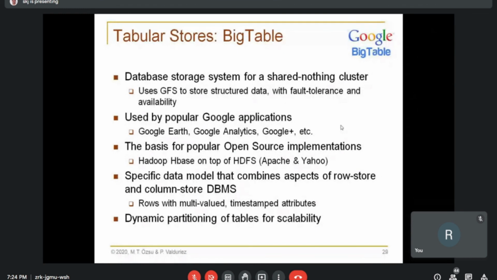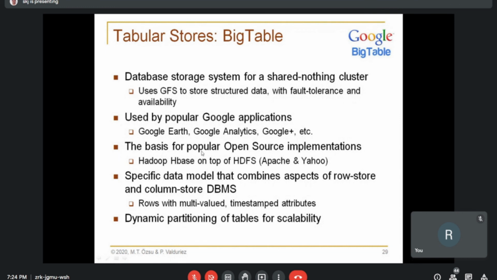Tabular store is another category of NoSQL database. Bigtable is a database storage system for shared-nothing clusters that uses GFS to store structured data with fault tolerance and availability. Used by popular Google applications: Google Earth, Google Analytics, Google Plus.